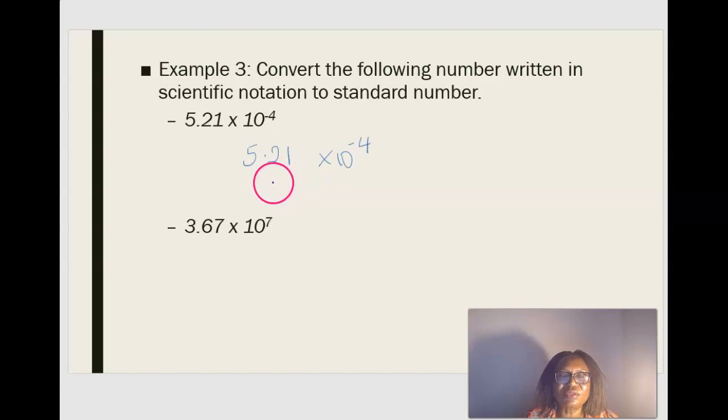So we are going to move the decimal point this time to the left. 1, we add 0, 2, 3, 4, and we'll stop there. So our number in the standard form is 0.000521.